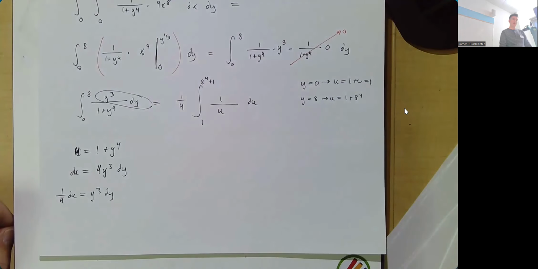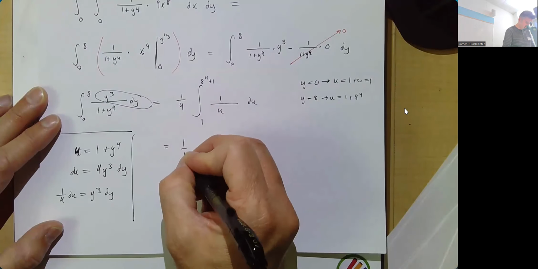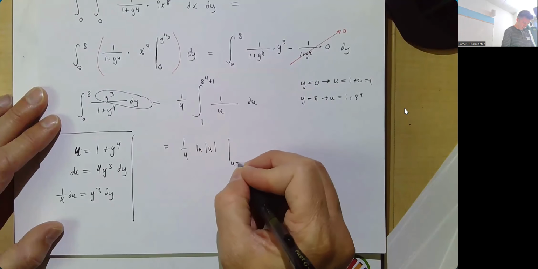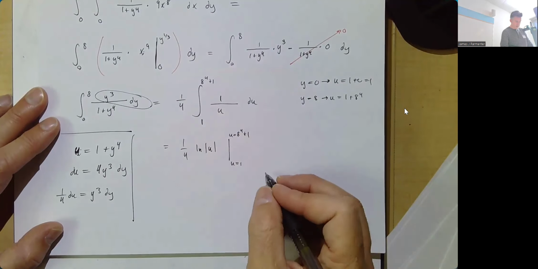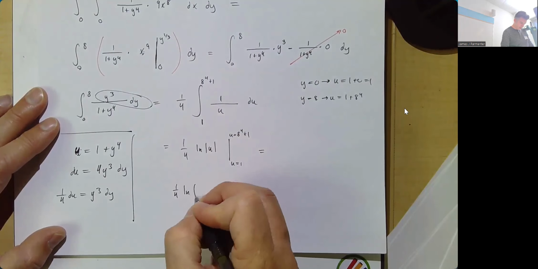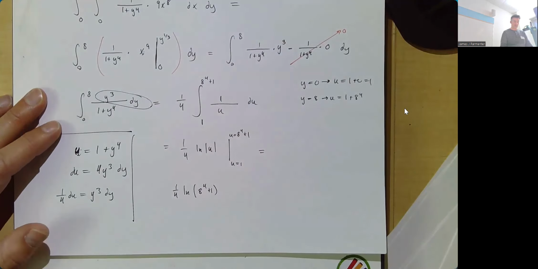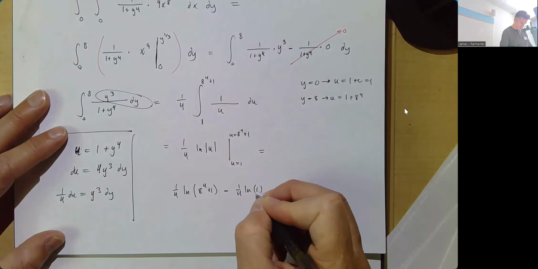And then we do the integral. We're going to get 1/4 natural log of the absolute value of u from u equals 1 to u equals 8 to the 4th plus 1. Plugging in, we get 1/4 times the natural log of 8 to the 4th plus 1. I don't need the absolute value because the absolute value of a positive number is that number. Minus 1/4 the natural log of 1, which is just 0.